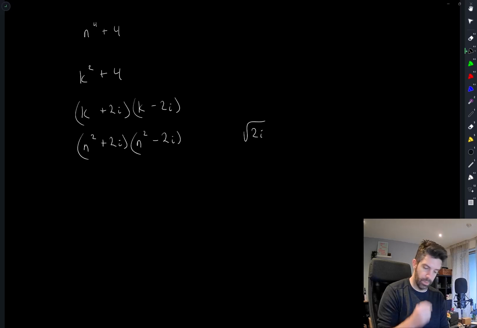Let's call the square root of 2i, well, what is it? It's square root of 2 times e to the i pi over 4. That's one of the square roots.